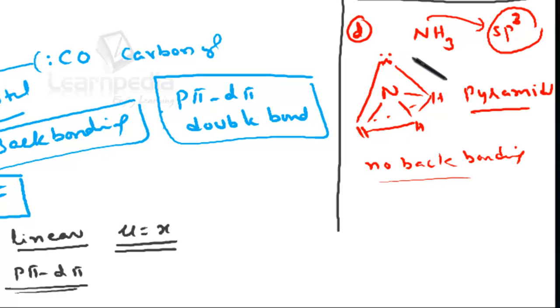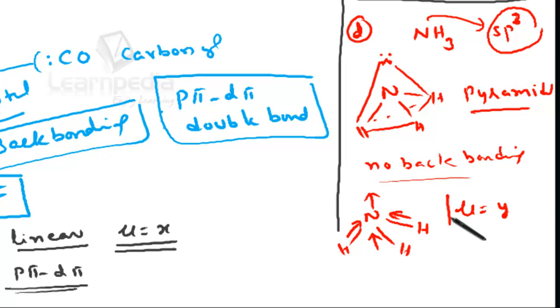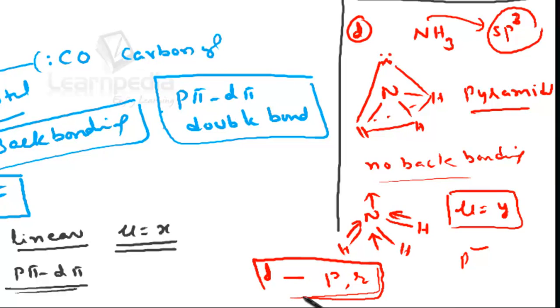Because of the lone pair of electrons pointing in one direction, whereas the N-H bond moments point towards the central atom, it will have a dipole moment, some unknown y. So dipole moment is there, P is right, and the type of hybridization is sp3. No p pi p pi bond, no p pi d pi bond. So the options for D are P, dipole moment exists, and R, sp3 hybridization. Therefore P, R are the answers.